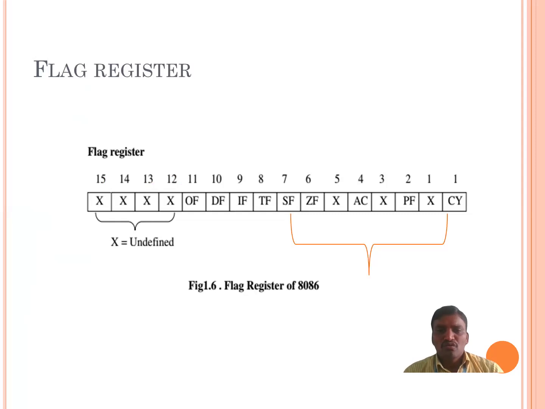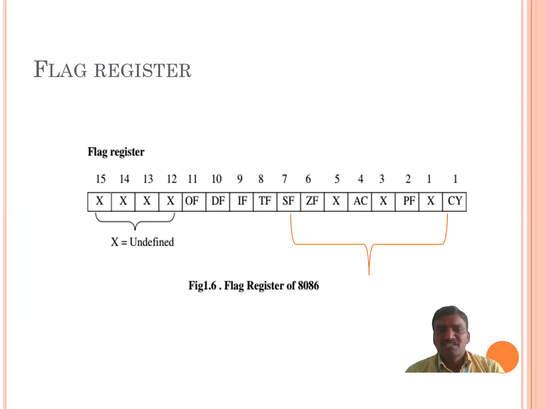The conditional code flags are the carry flag, parity flag, auxiliary carry flag, zero flag, sign flag, and overflow flag. These are the conditional code flags, and the remaining 3 flags are the control flags.